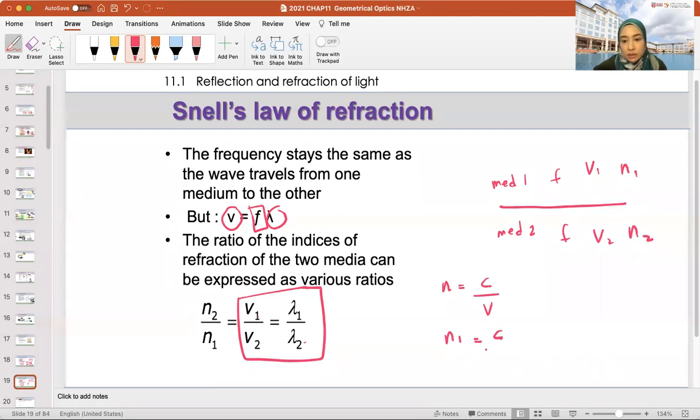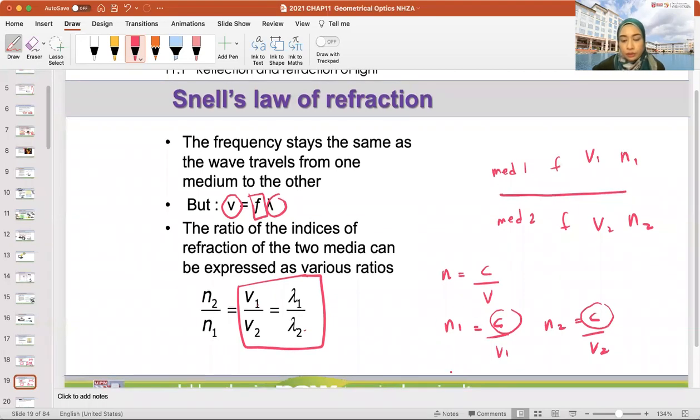N1 is equal to C over V1 and N2 is equal to C over V2. Same case here. We can equate these two because C is a constant and does not change anywhere. Rewriting, N1 V1 equals C, N2 V2 equals C, so I can equate these two together.